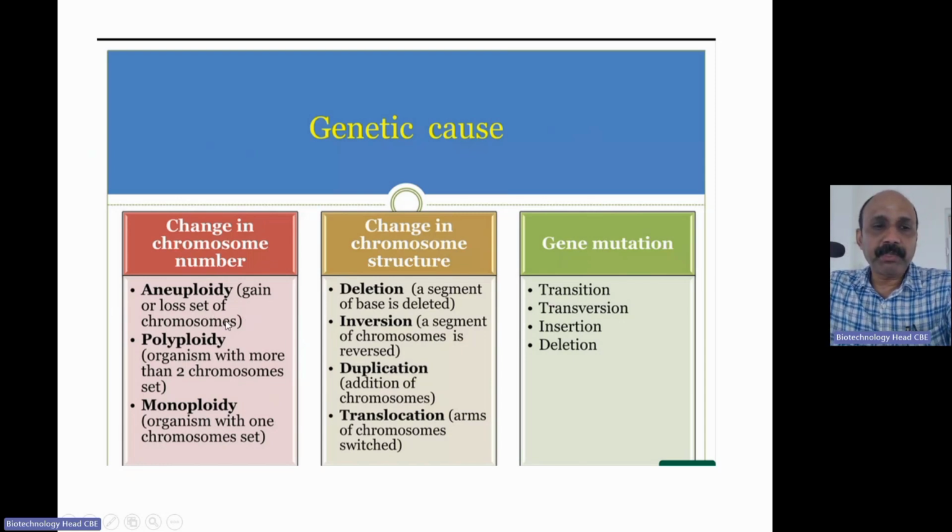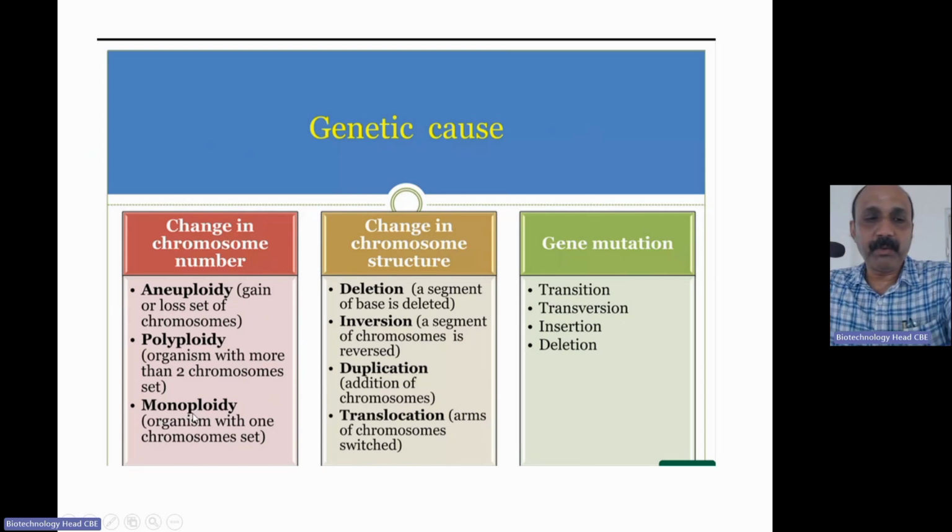That is the gain or loss of a set of chromosomes in aneuploidy or polyploidy, which can cause an increase in the number of chromosomes. Monoploidy is the elimination of one set of chromosomes, like what we saw in Hordeum bulbosum. Depending upon the culture conditions and the process, one set of chromosomes can entirely be lost.